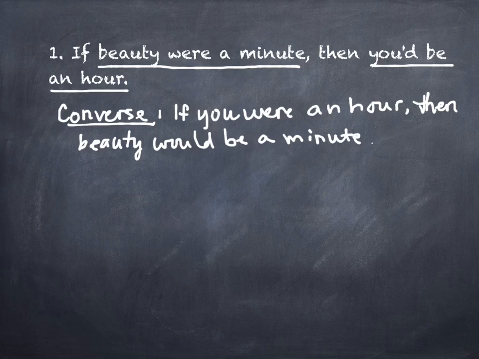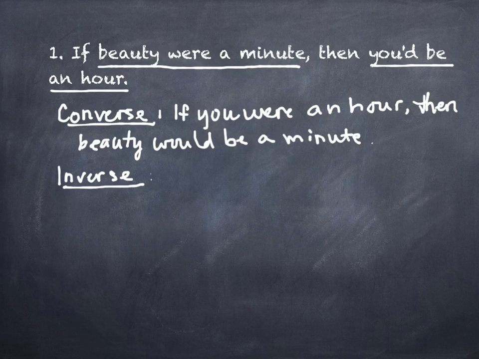Okay, so that's the converse. Next one, the inverse. What do I do for the inverse? I negate it, but I leave everything where it is. I don't move any orders around from the original statement. So what will I say at the beginning?